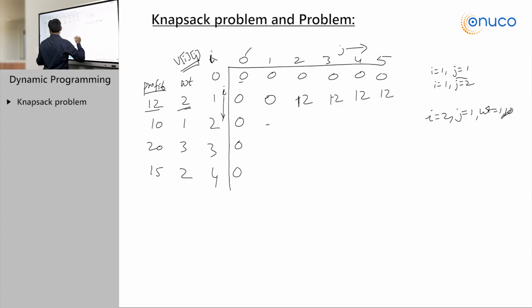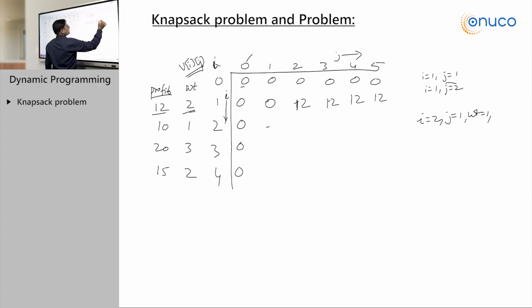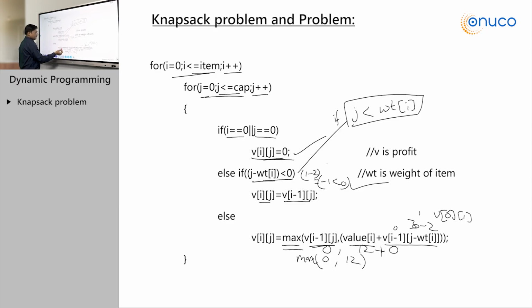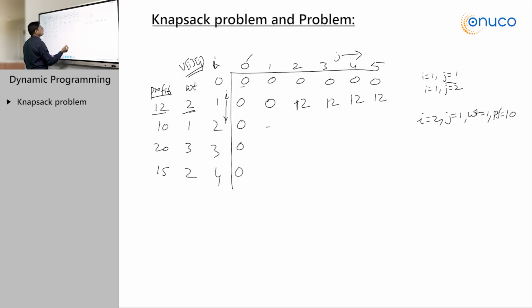If you are talking about these positions, j is 1, w is 1. Both are equal, so it will go in the else part, because 1 minus 1 is 0, and 0 is not less than 0. Else part: max of V of i minus 1, j. Previous row, same column. It is 0.